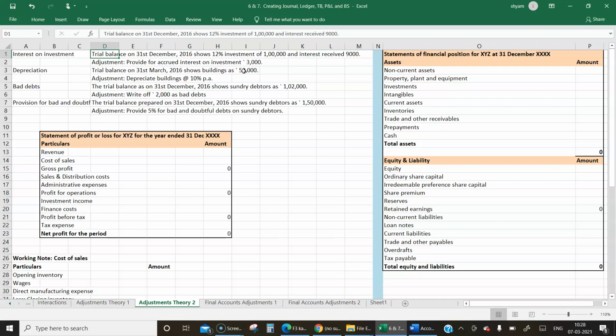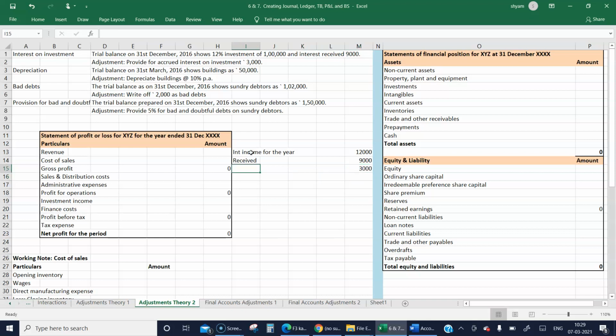So we will put interest income for the year. The total amount should be 1 lakh into 12%, which is 12,000. Received is 9,000, so the balance is 3,000.